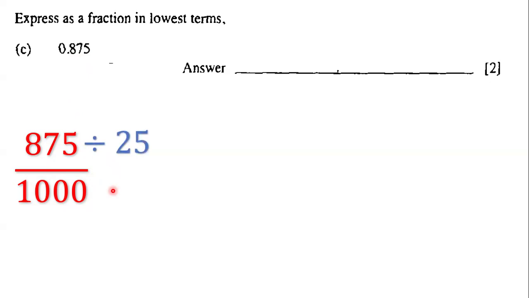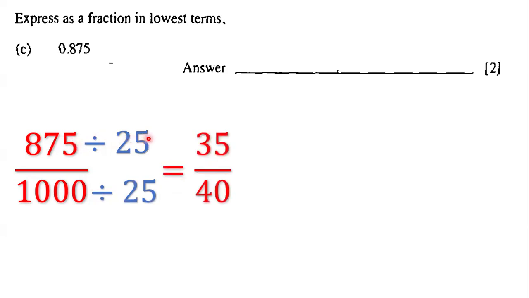In this question, to reduce this, we're going to use 25, because 25 can go into 875 and 25 can go into 1,000. And so we have 875 divided by 25, and 1,000 divided by 25. 875 divided by 25 is 35, and 1,000 divided by 25 is going to be 40.